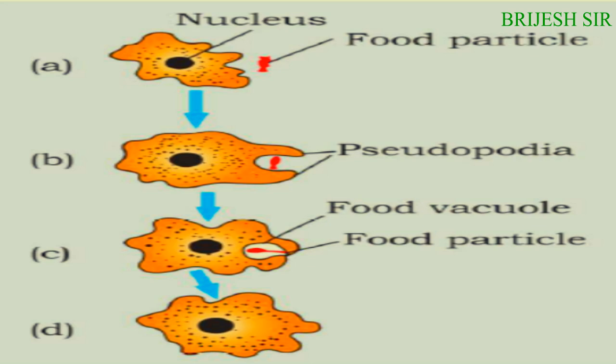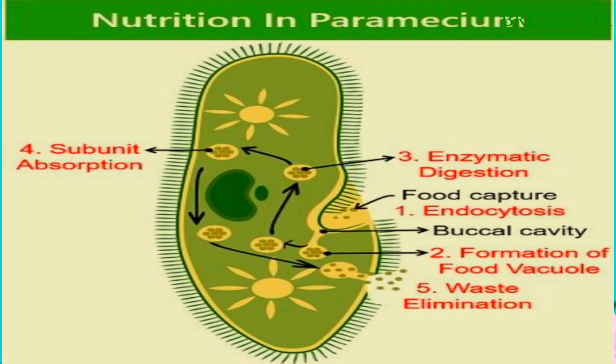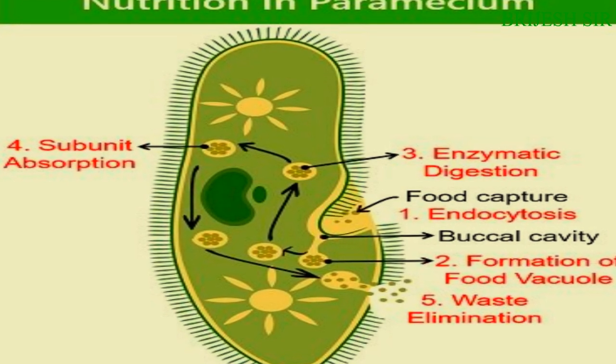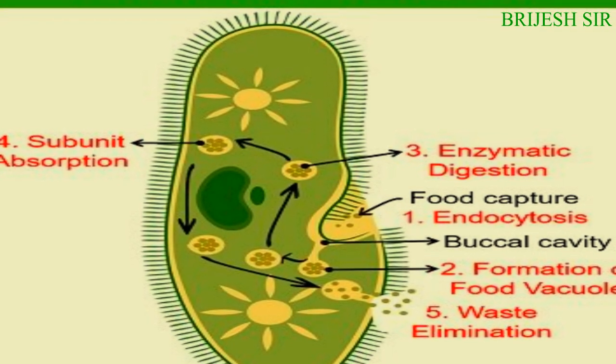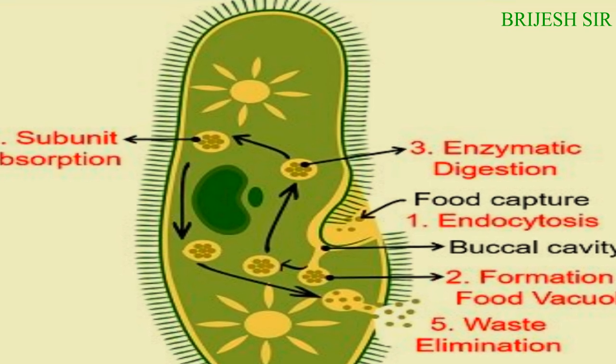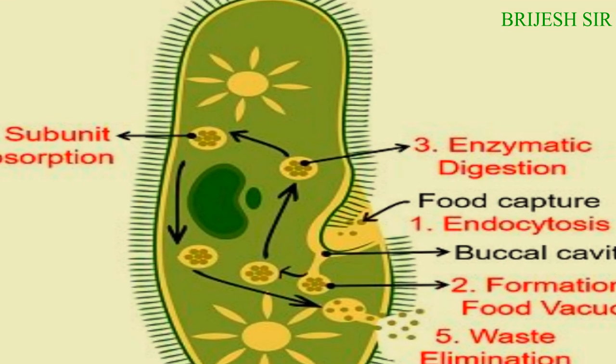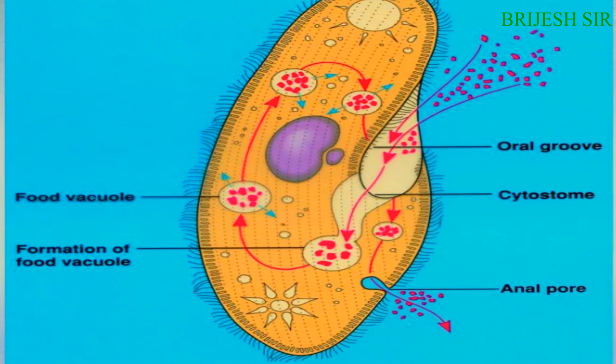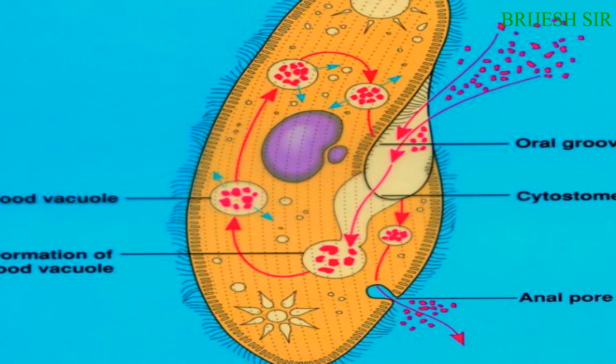When it comes in contact with food, it surrounds it completely, a process called circumvallation, forming a food vacuole or phagosome inside the cell. This process of engulfing solid food particles is called phagocytosis. Other unicellular organisms like paramecium use tiny hair-like structures called cilia to push food into the mouth.